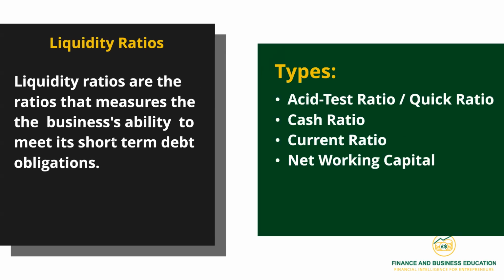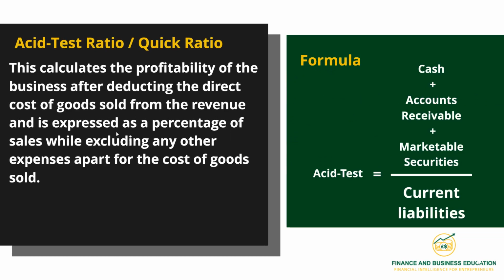Very, very important ratio. Our liquidity ratios are basically how, as I said earlier, how quickly you can turn current assets into cash. So it measures the business's ability to meet short-term debt. You've got a number of liquidity ratios, like the acid test ratio or quick ratio, which is cash plus accounts receivable, which is debtors, plus any money market funds, etc., divided by current liabilities.